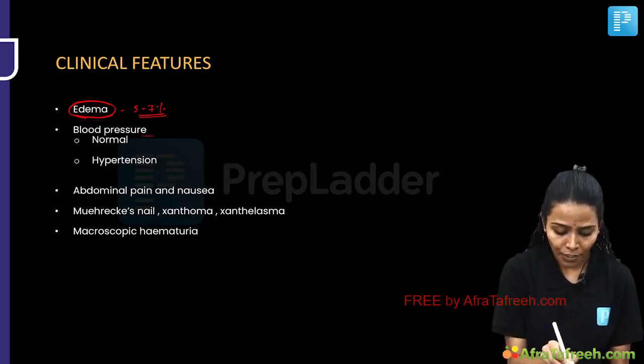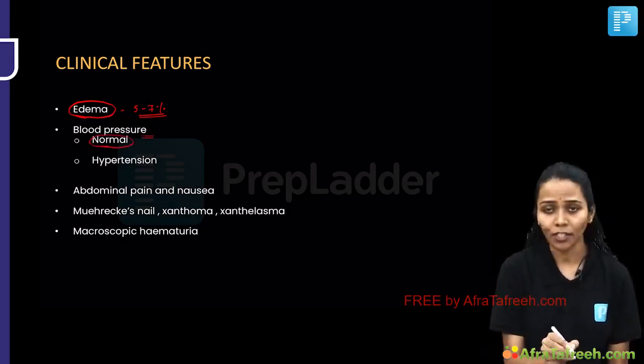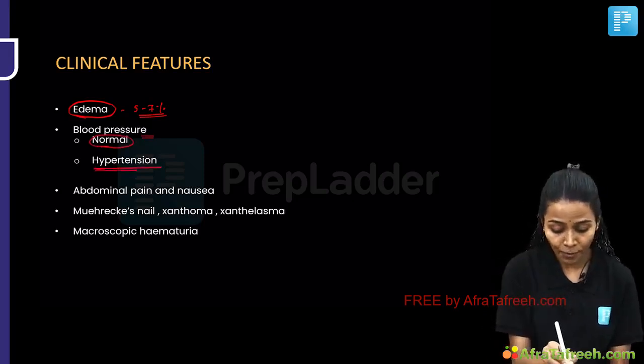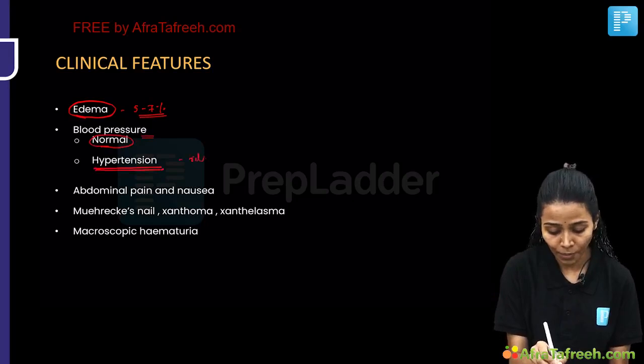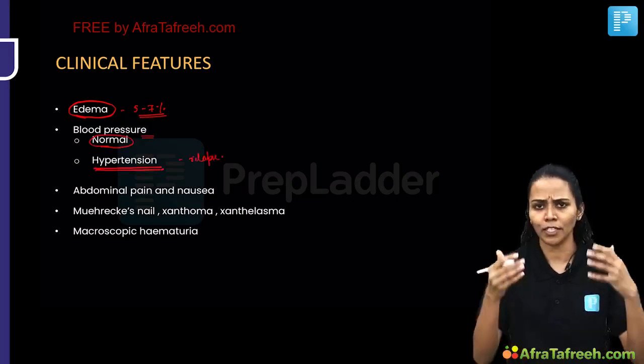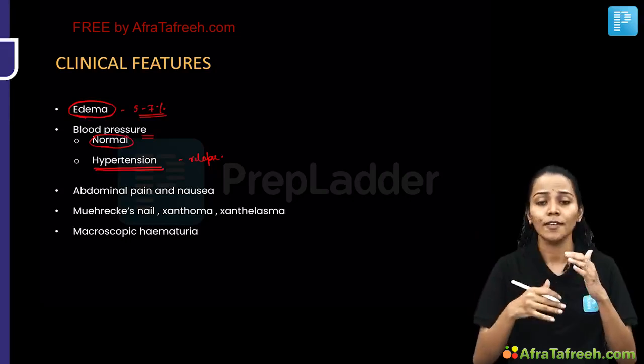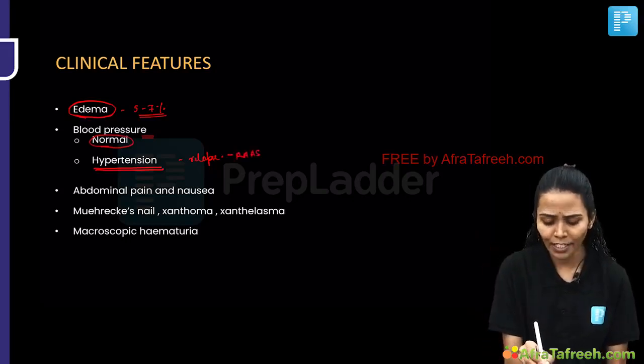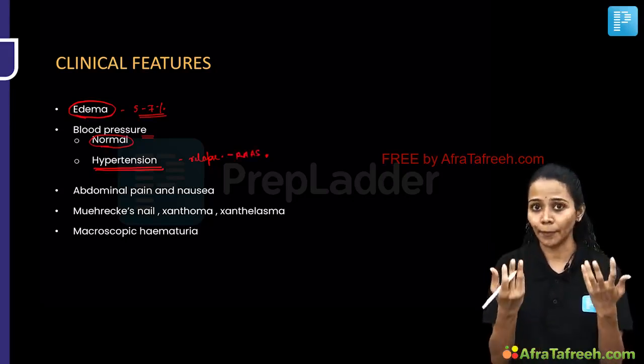The blood pressure mostly is normal or low normal in this condition, but it can be elevated in some situations. In relapse, in the acute situation, what is going to happen? There's going to be so much volume depletion that the renin-angiotensin activation will happen, leading to hypertension.